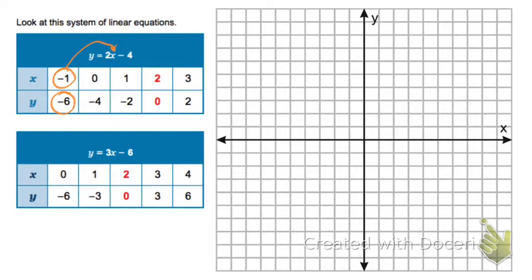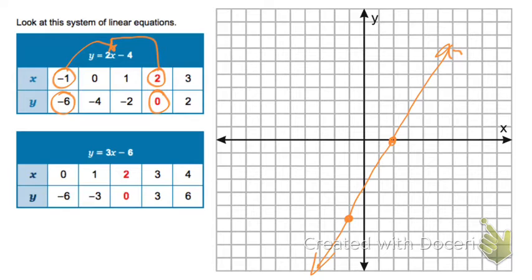So that would be one of the solutions to that equation. Trying this one, if I put in 2 for x, 2 times 2 minus 4 is 0. So over 2 up 0. So they went through and they found some solutions to that equation. And if you have at least 2 points, you can graph it. So this is what that graph looks like.